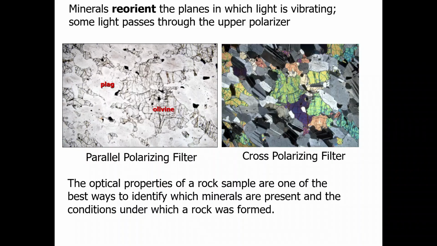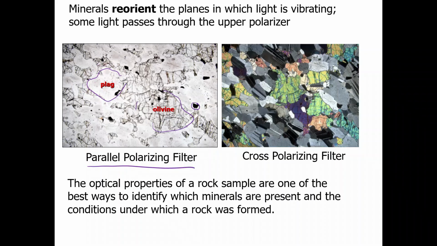So, for example, if this is your thin section, when you have just the first polarizer through, you can see that there's definitely some different minerals going on. There's this black one here, and then there's this one here that looks kind of fractured, and there's this more solid white one. That's really what we're seeing.